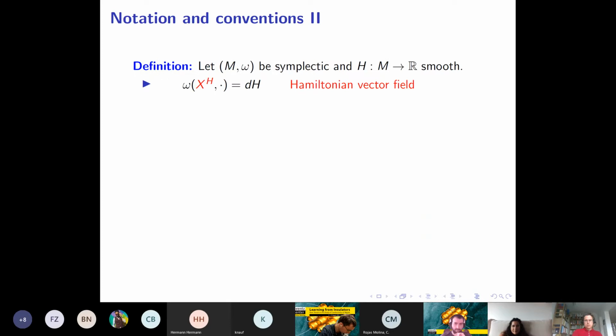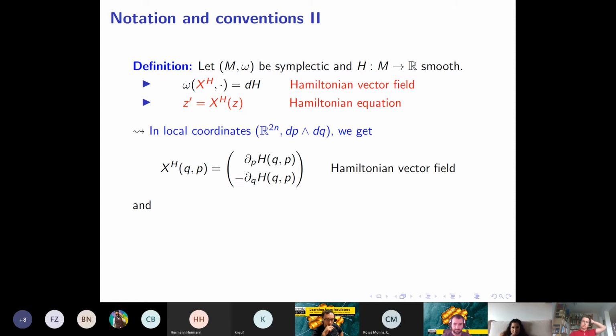For Hamiltonian systems, my convention is that I define the Hamiltonian vector field indirectly, but you can also write it down in coordinates and look at the Hamiltonian equations. Here, a priori, we're starting from something really second or third bachelor level, an honest ODE, and no operators, nothing here right now.